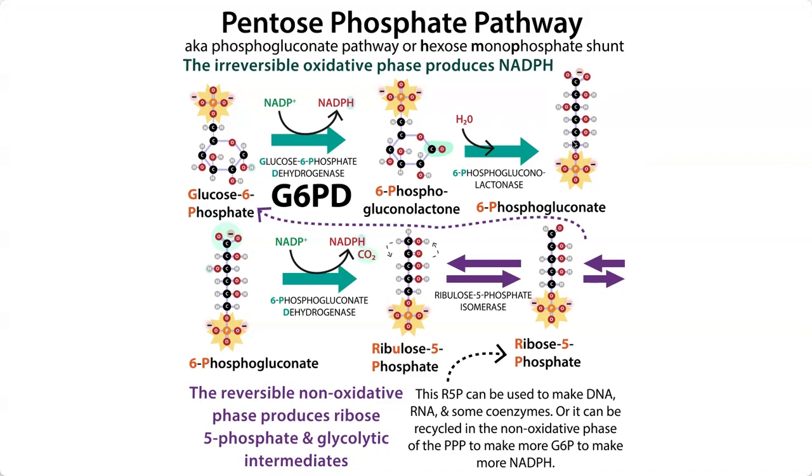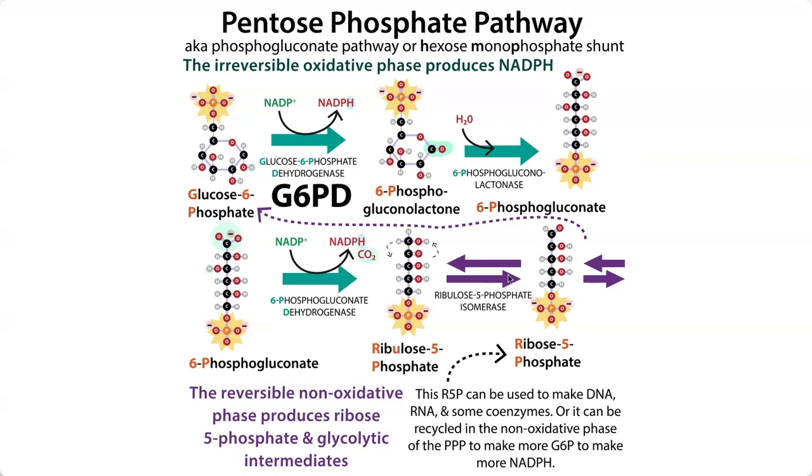What's going to happen to the 6-phosphogluconate if we look? So basically, I'm just moving this from up here to down here. What's going to happen here is now you're going to be generating another NADPH, and this is where you're losing the CO2. So you can see that we're going from this 6-carbon compound to this 5-carbon compound, and that is the end of our oxidative phase.